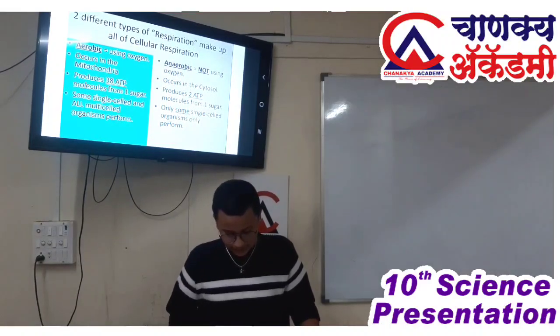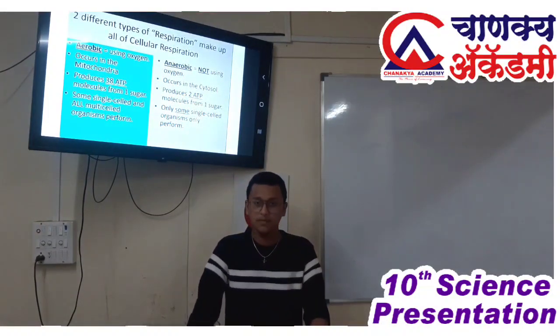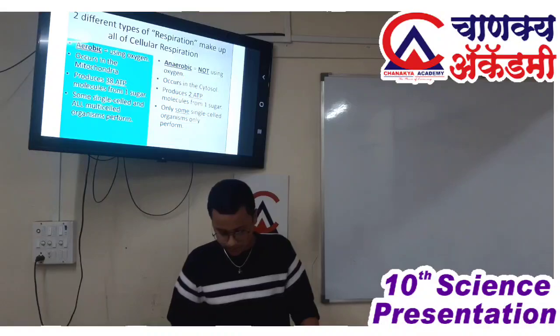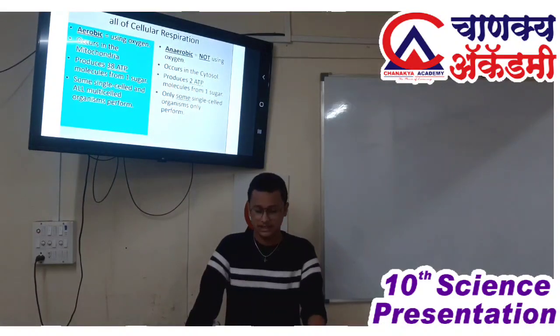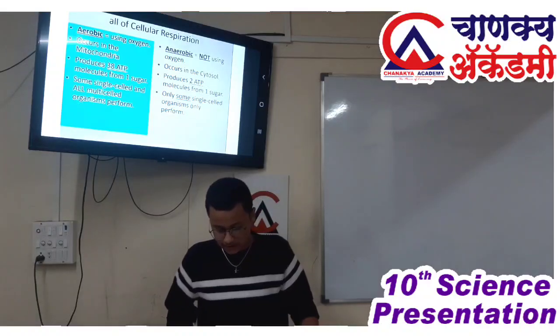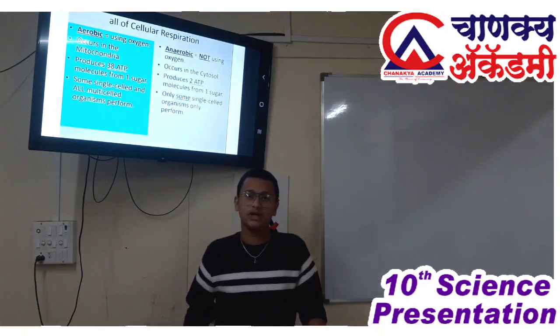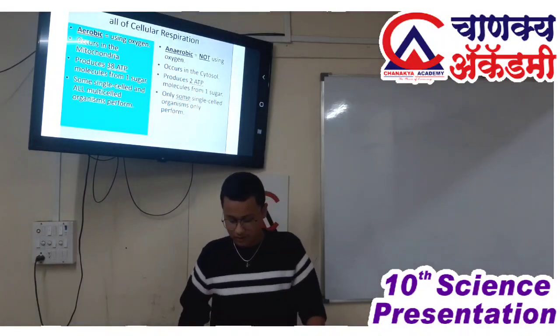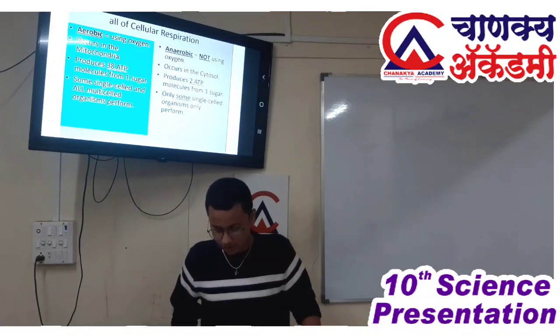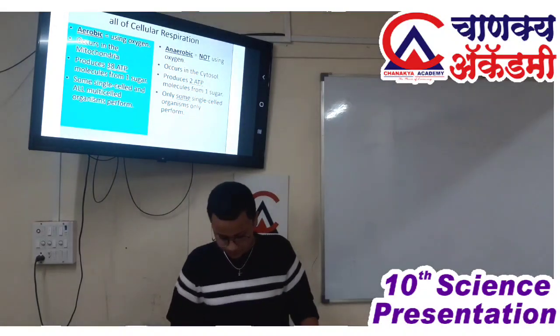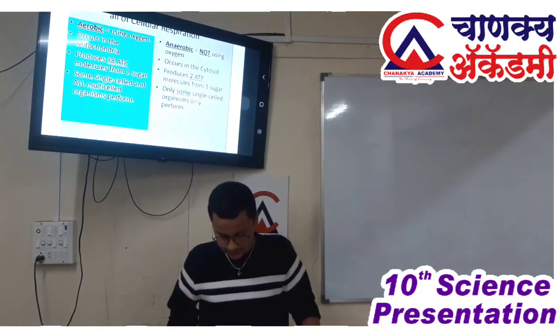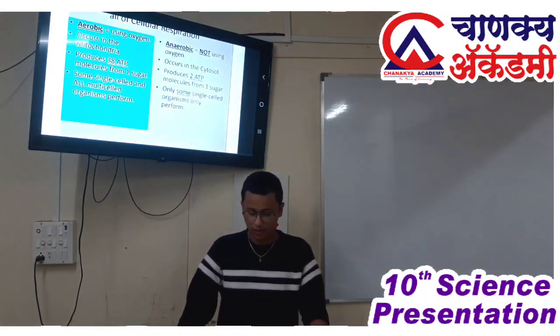Some single-celled and all multicellular organisms perform it. Anaerobic does not use oxygen, meaning in the absence of oxygen. It occurs in the cytosol. It produces only 2 ATP molecules from one glucose molecule. Only single-celled organisms perform it.